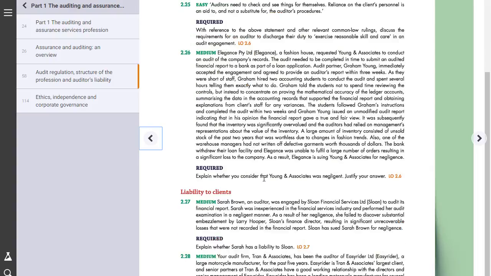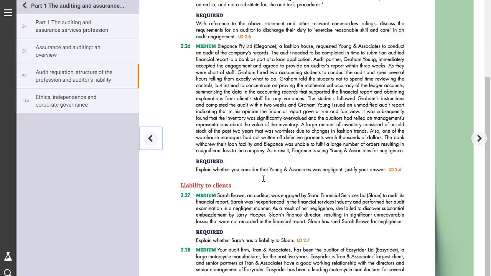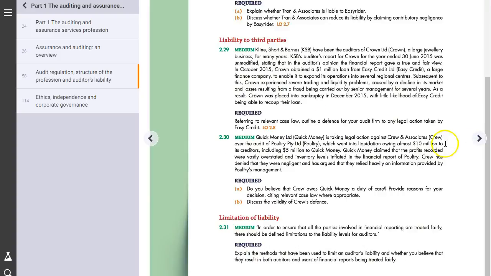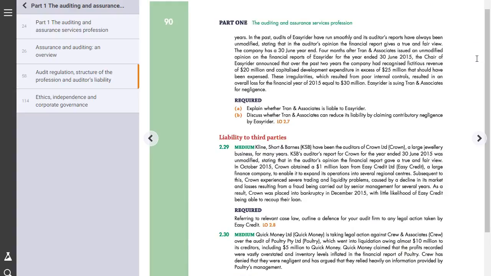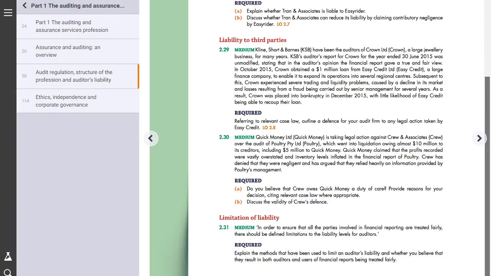Question 2.28, which starts on the same page and then goes over onto page 90, that's a good one on contributory negligence. And at the bottom of that page, there's a good question on third-party liability, which is 2.30. And so there's others in the textbook, but there's some to think about.